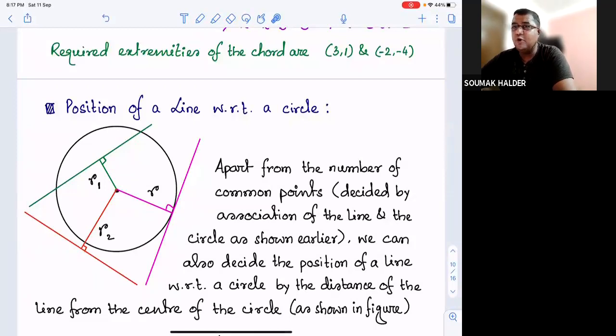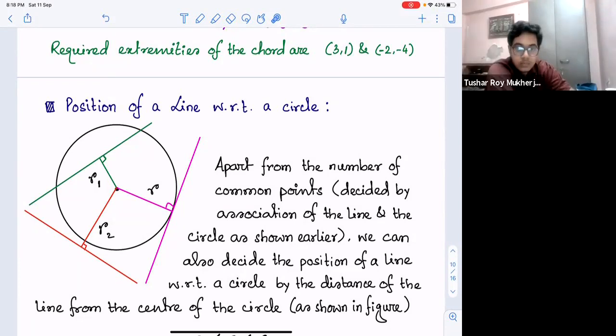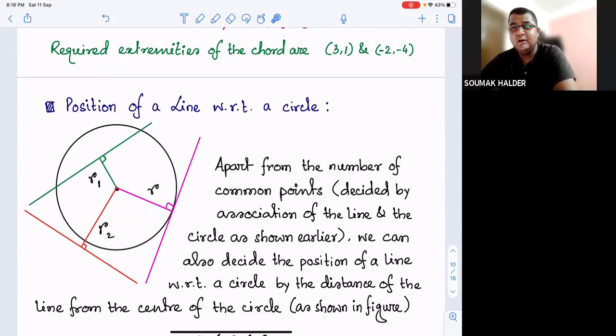And if there is no common point, then definitely the minimum distance from the center is more than the radius. So that's why it's been written that apart from the number of common points, decided by the association of the line and the circle as shown earlier, we can also decide the position of a line with respect to a circle by the distance of the line from the center of the circle.